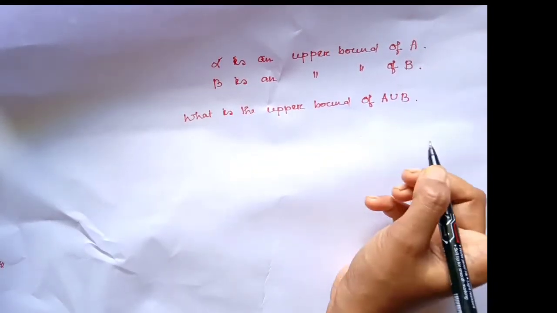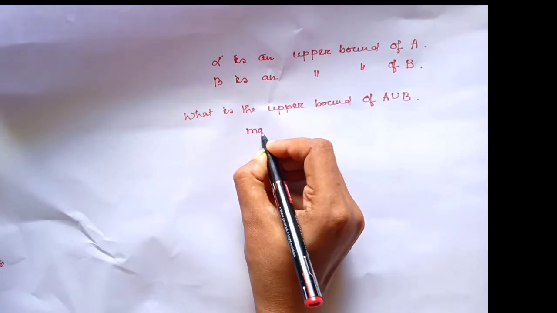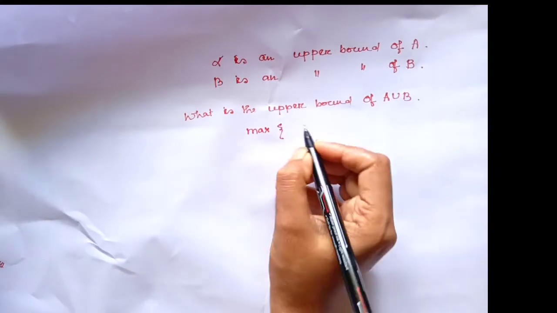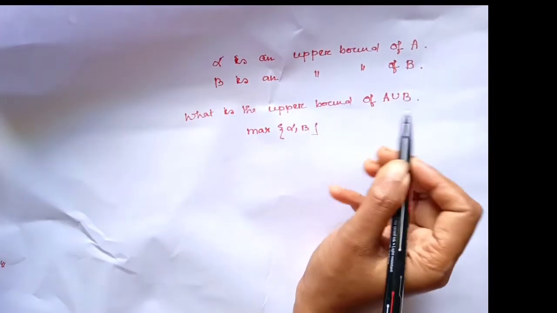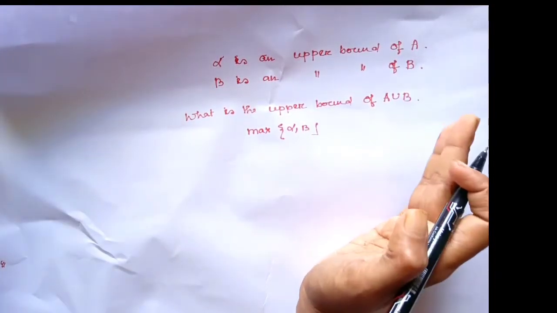The upper bound of A union B is max of alpha, beta.